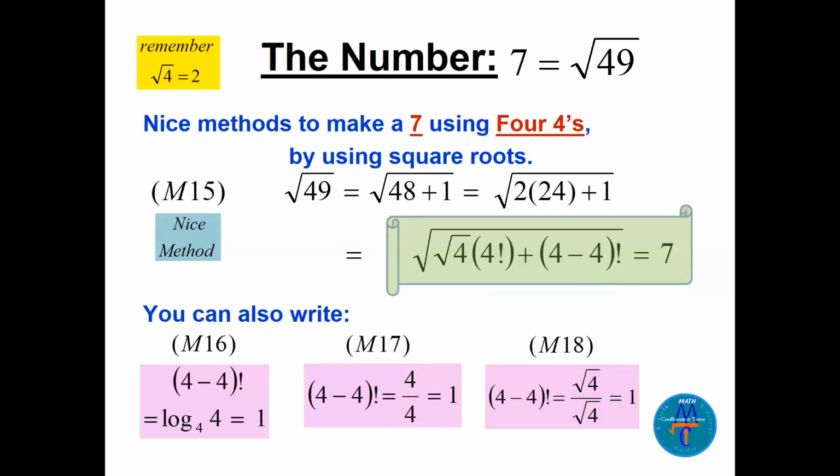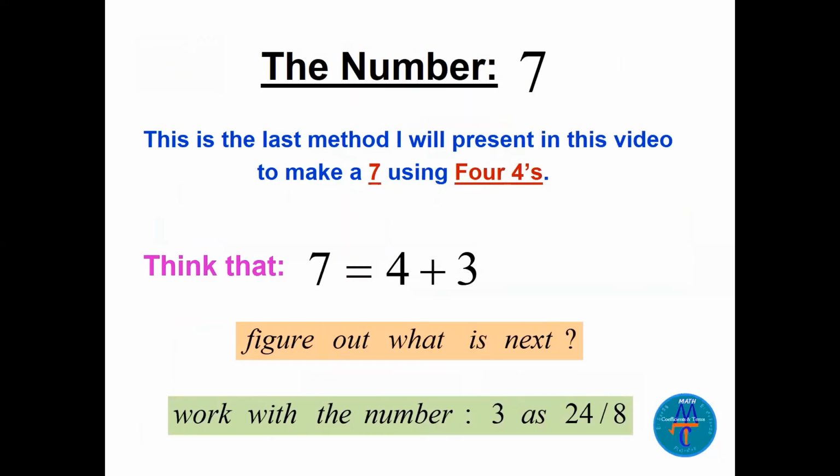Okay, let's see. Now, the last method, I will go and make 7 as 4 plus 3. Figure out what is next. Can you figure out, please, what is next? Work with the number 3. See, we have 4 plus 3.